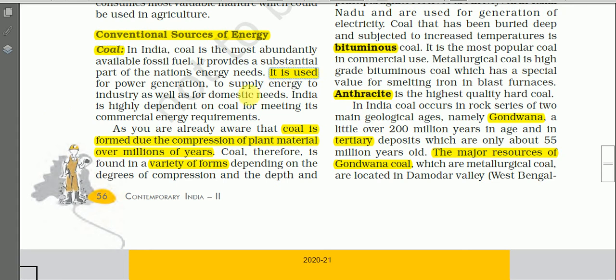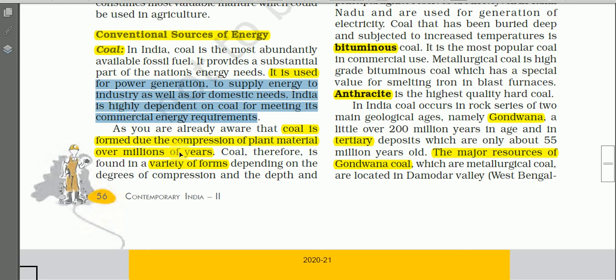Coal is used for power generation, to supply energy to industry as well as for domestic needs. India is highly dependent on coal for meeting its commercial energy requirements. That means in the iron and steel industries, in the thermal power plants, we use coal and others. So coal is one of the most important sources of energy in India.